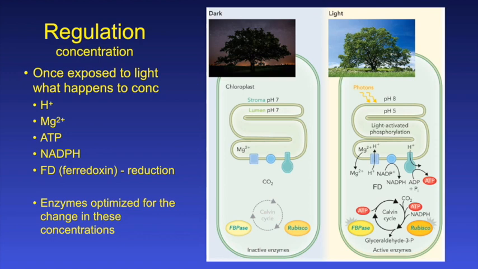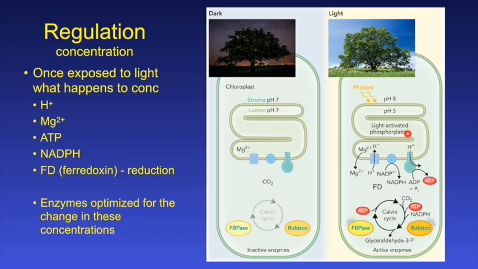When light shines, as the photons are happening, you get changes in the stroma. Concentrations change. First off, the flow of electrons through the process makes the pH in the stroma much higher, more basic than inside.